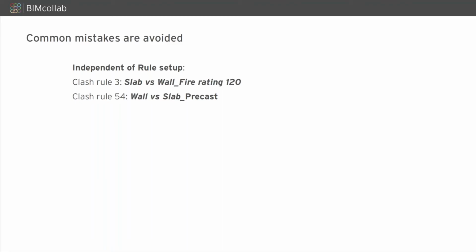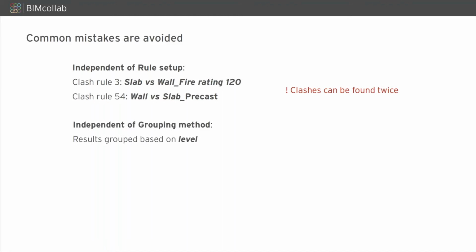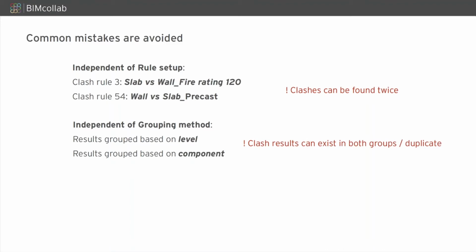And I can have one that checks walls against a precast slab. But there could be similar components in both cases, so clashes can be found twice. Also, the grouping method would allow me to create groups on clash results that are similar, and clash results can exist in both groups, which are also duplicates.